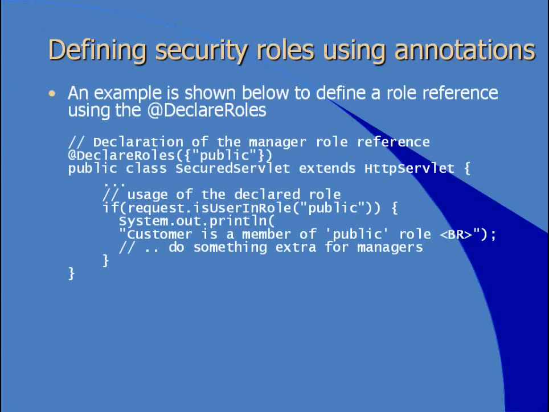The role reference is created for me, and when the application is deployed, I need some way of understanding how this role would be used in the real production runtime environment. So the administrator is going to have to resolve that to actual principals from their actual user registry. But it allows me as a developer to write off-the-shelf applications that could be purchased and configured by any number of customers running Java EE servers.